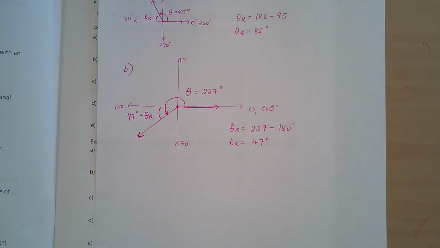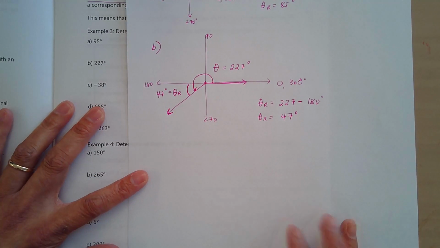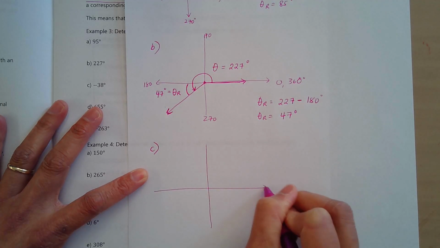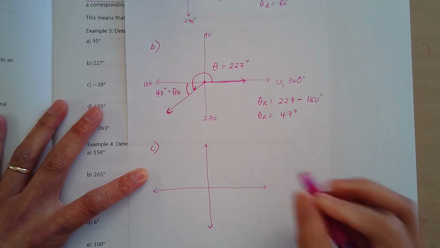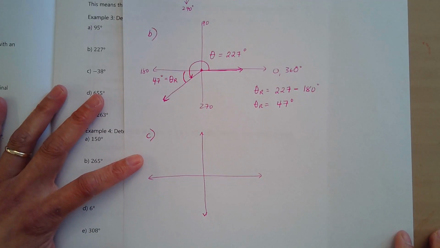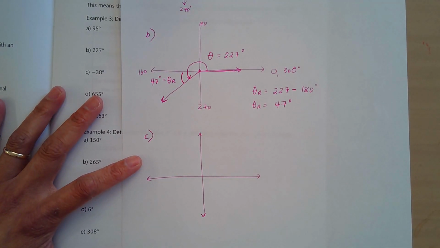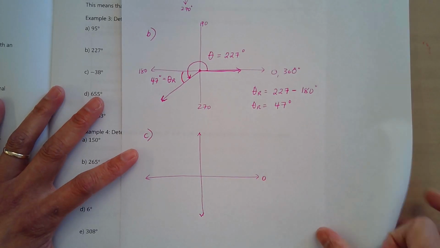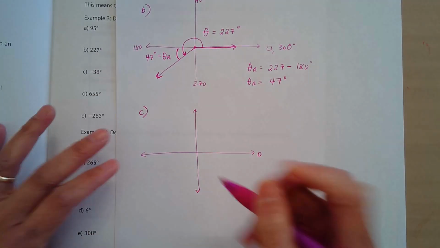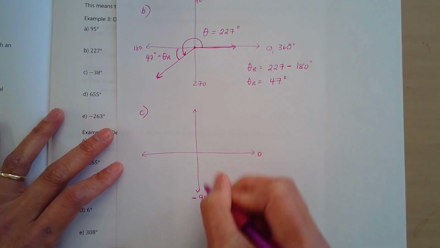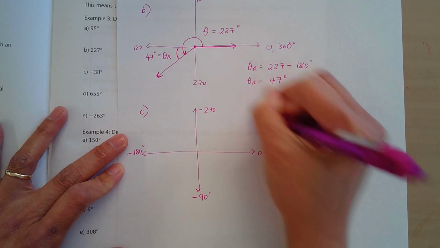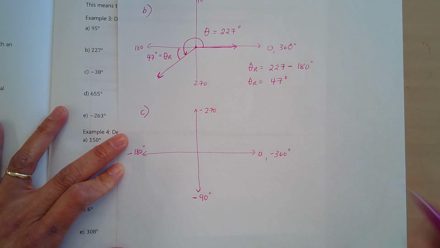So far so good? Yeah? Let's go to negative 38 degrees. Now what happens when our angle is negative? It goes clockwise, right? So this is 0. If we go clockwise, this becomes negative 90 degrees, this one would be negative 180, negative 270, and then negative 360 degrees.